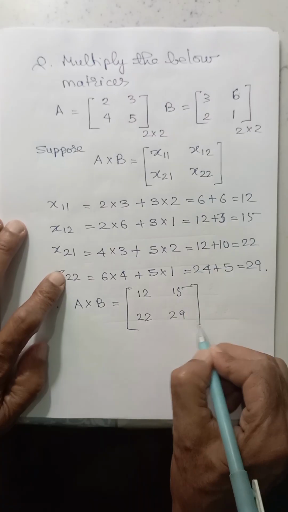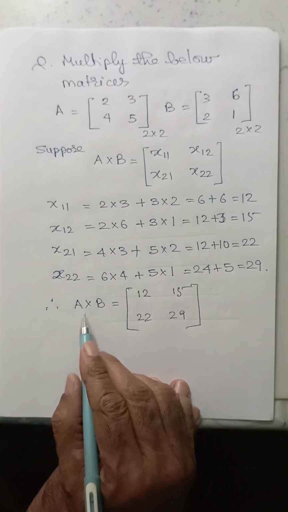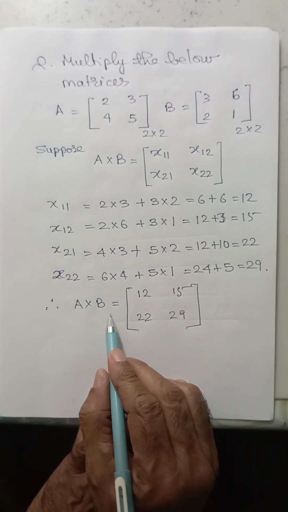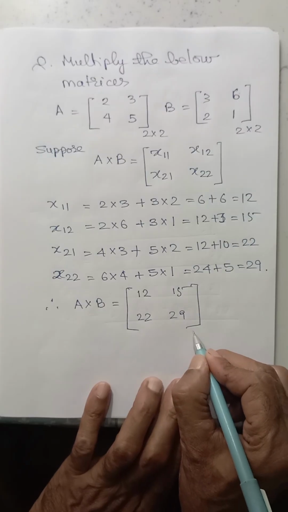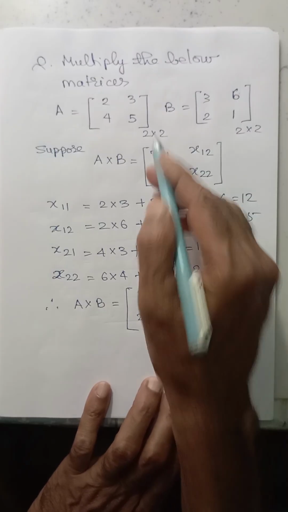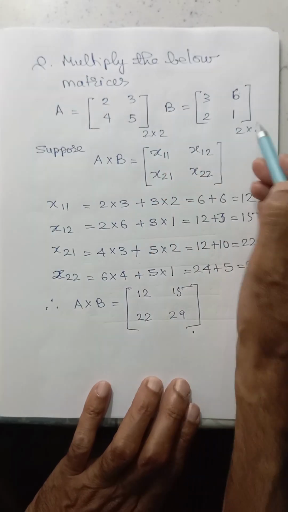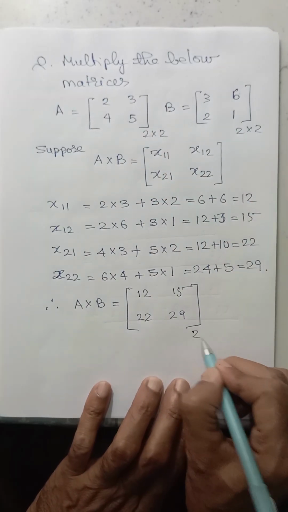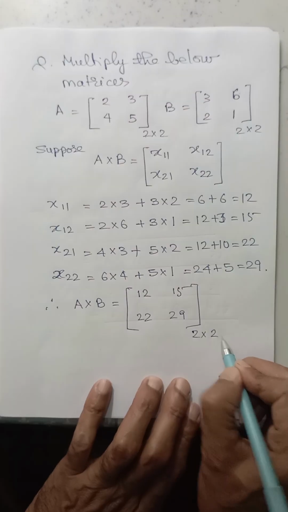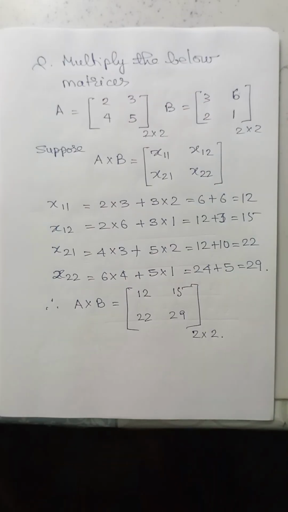Though you don't have to write the order after getting the answer, for the sake of simplicity, A was of order 2 into 2, B was of order 2 into 2, so A into B will also be of order 2 into 2.